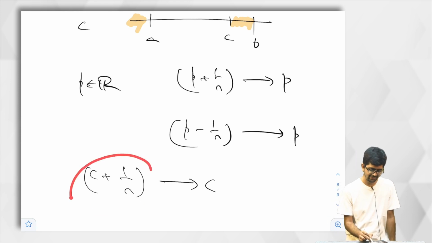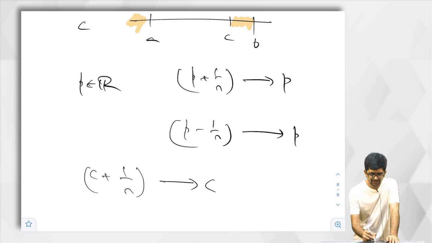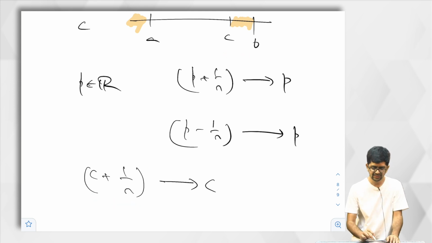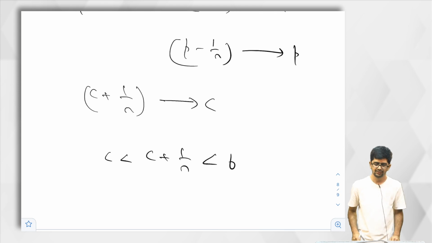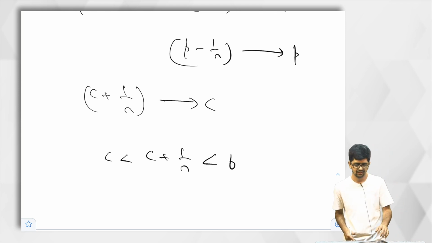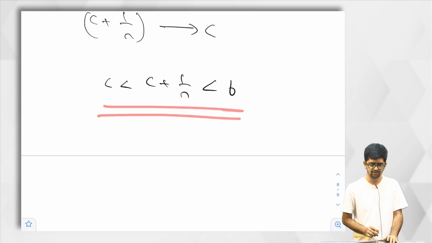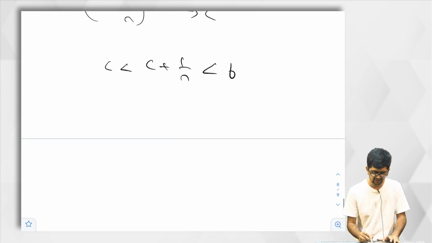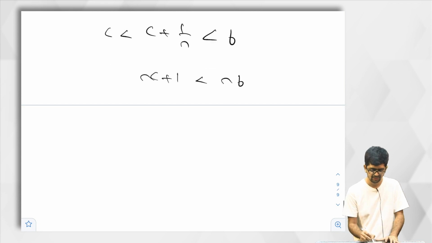So see, this is a fair sequence. This converges to C, that is fine. The only problem is that this element is not inside this. So what is the problem? We want C less than C plus 1 by n less than B. For this to be the situation, we want nC plus 1 to be less than nB, right?